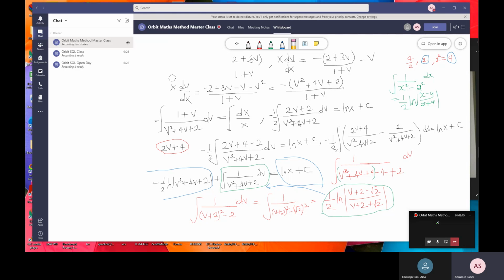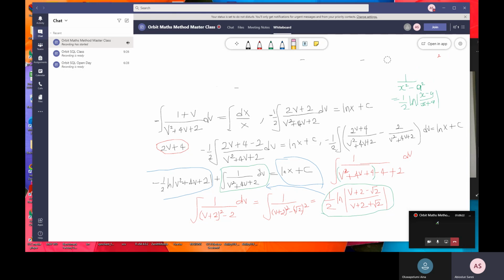Then you substitute v to be y over x. Recall that v is equal to y over x, that's capital Y over capital X.